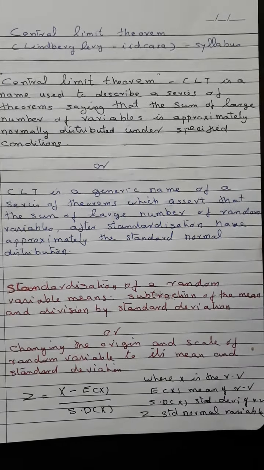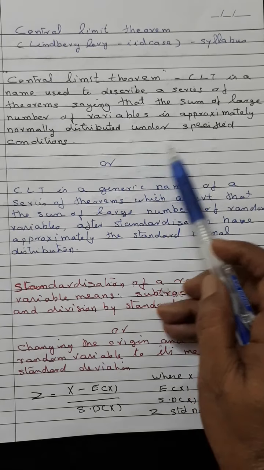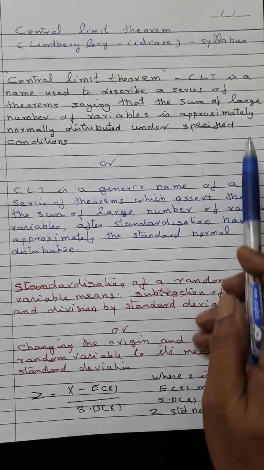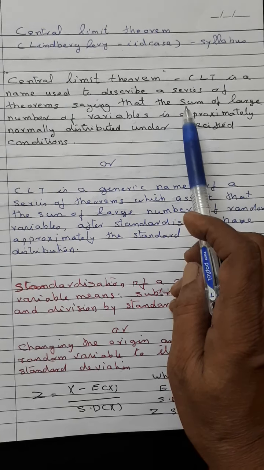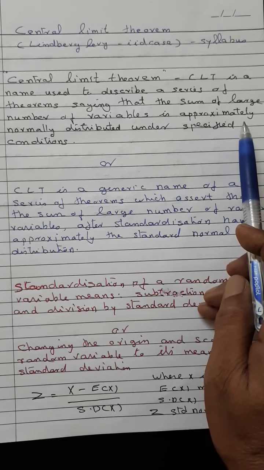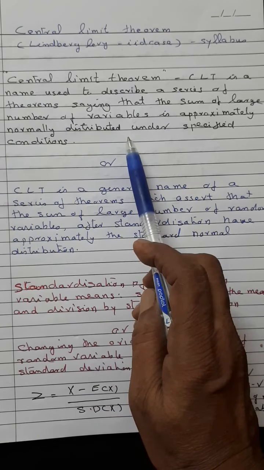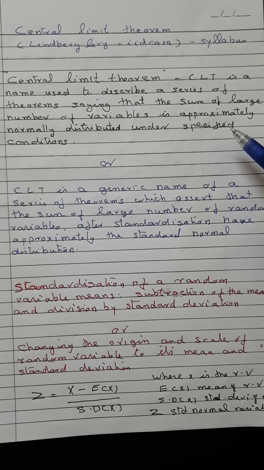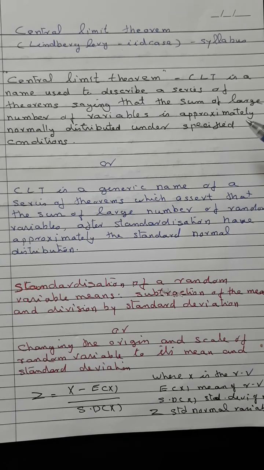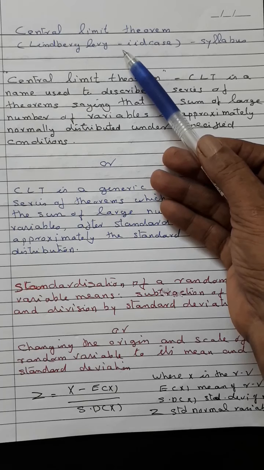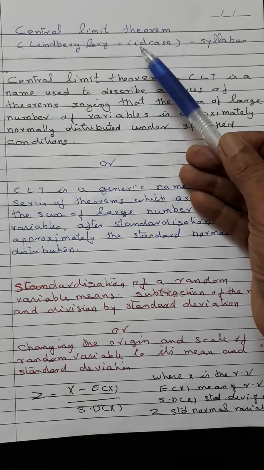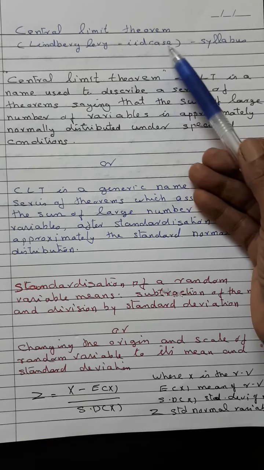So one theorem differs from another theorem in these specified conditions. And altogether they are telling that the sum of a large number of variables is approximately normally distributed. Because of these specified conditions, we have different theorems, but we have to study only the Lindeberg-Levy theorem in the identically distributed case only.